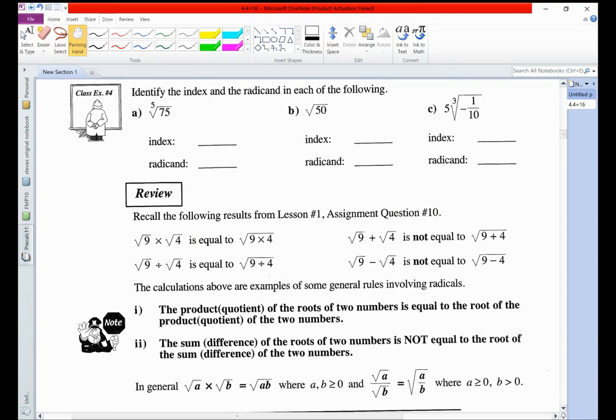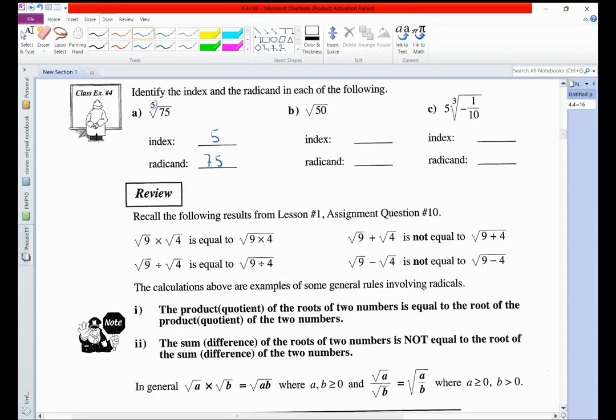Identify the index and the radicand of each of the following. I'll do a couple and then I'll let you go through that if you want. The index in this case is the small number, so that'll be 5, and the radicand is the big number underneath, so that's 75.